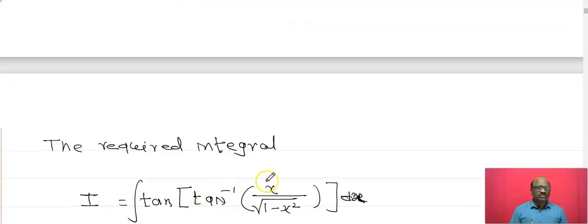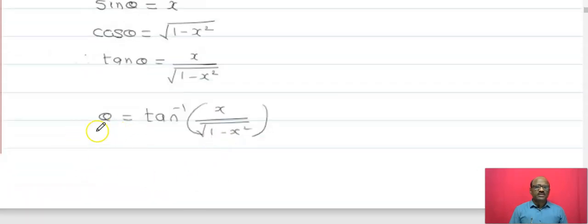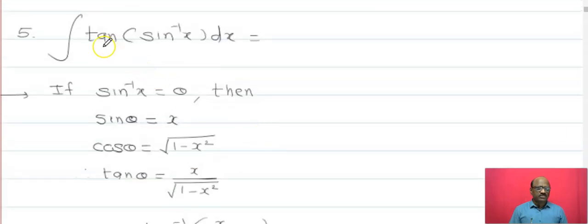That is tan inverse of x upon under root of 1 minus x square into dx. We have substituted sine inverse of x as theta, and if we convert this again, theta is also tan inverse of in bracket x upon under root of 1 minus x square. Outside the bracket you have the tan and inside the tan inverse.